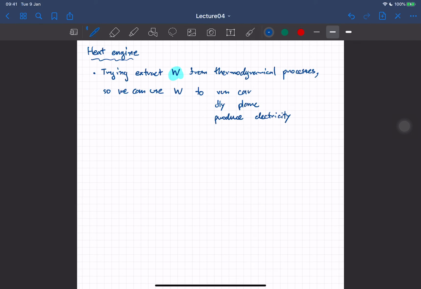But the term heat engine also carries another specific requirement: the engine has to operate between what we call two heat baths.